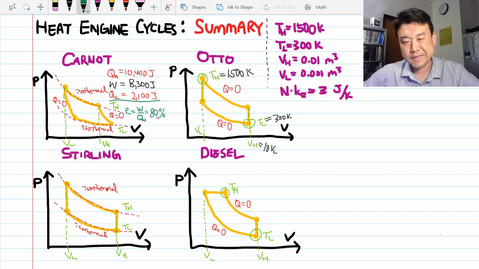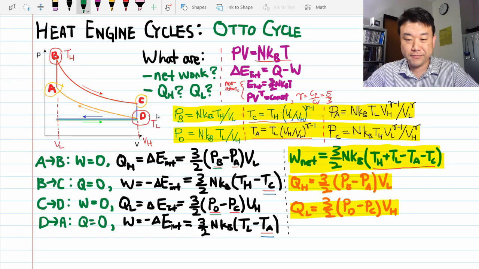Now, because this is an unrealistically high number, I need to point out that this is a really high temperature, 1500 Kelvin. It's high enough that if a piece of metal were at that temperature, it'd be glowing white hot. But that is the efficiency we have for such a high temperature. Alright, let's move on to the Otto cycle. So there are a lot of numbers here.